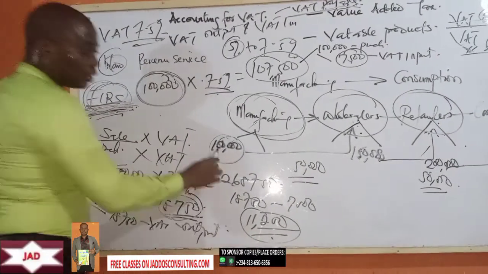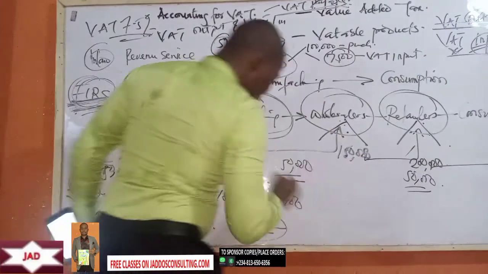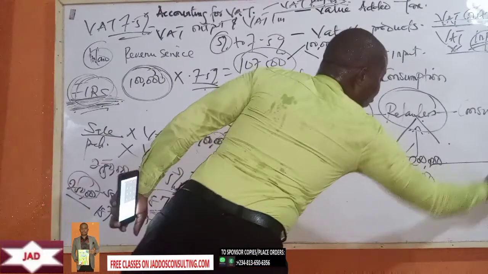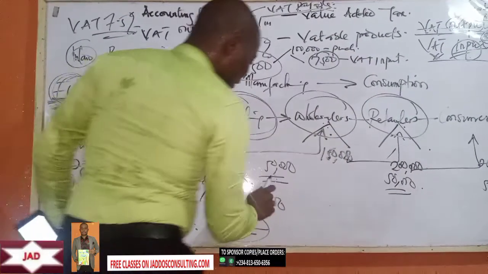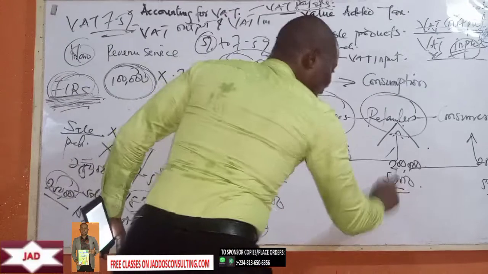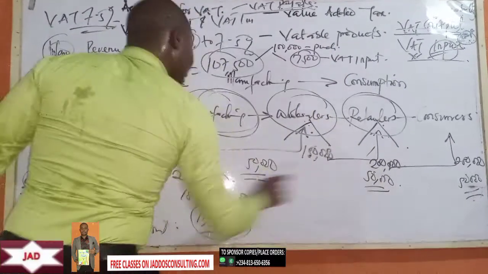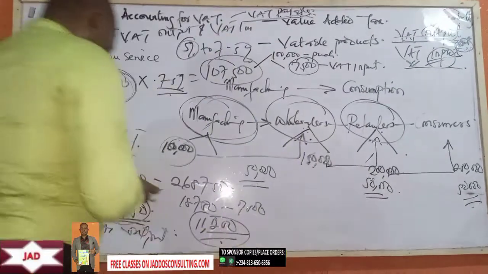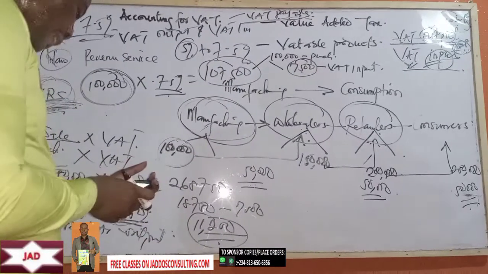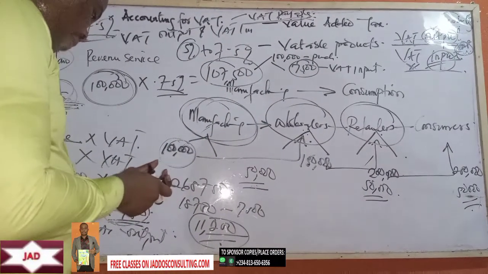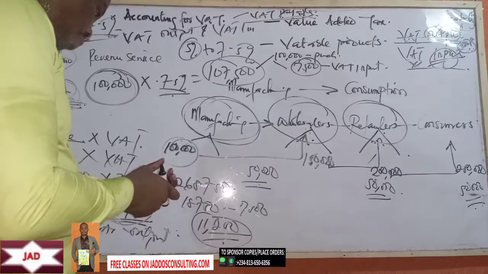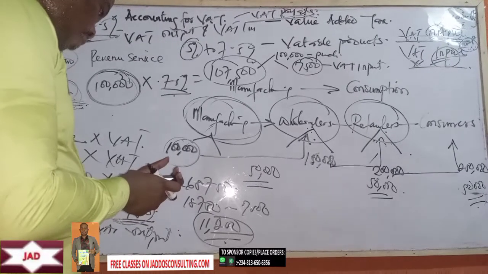Okay, so based on this illustration, at every point here, from the tax collector's perspective, there's a value added tax here, value added tax here, value added tax based on the value that has been added from the flow. So we have, let's say, 0.075 times 50,000.